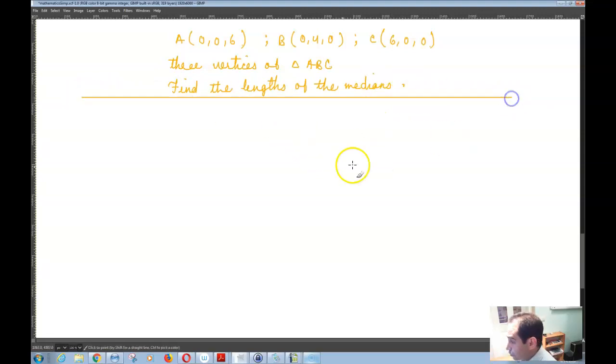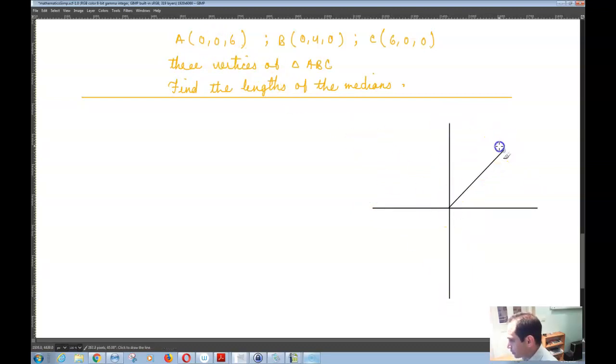So what you need to do is, let's say that you have your triangle in this manner. Let's say this is the z-axis, this is the x-axis, and this is the y-axis.